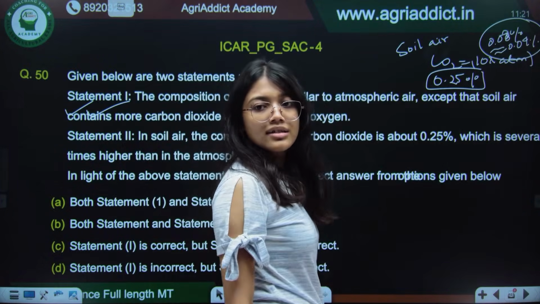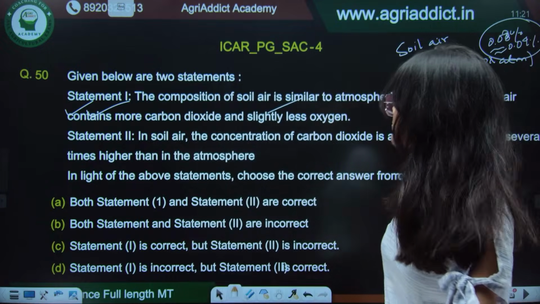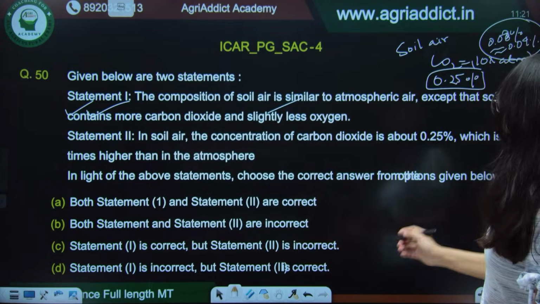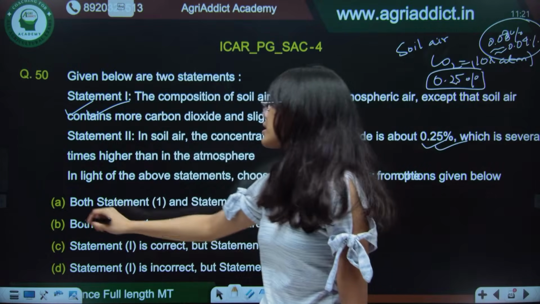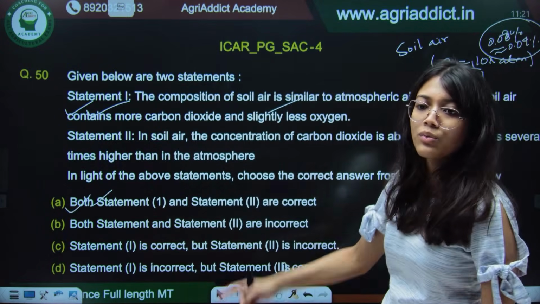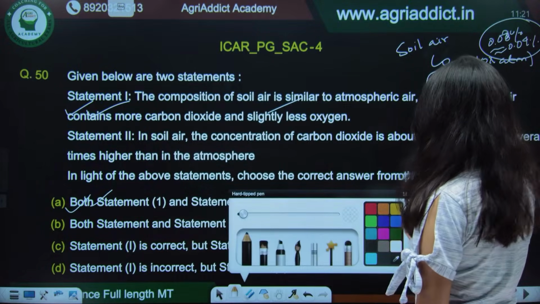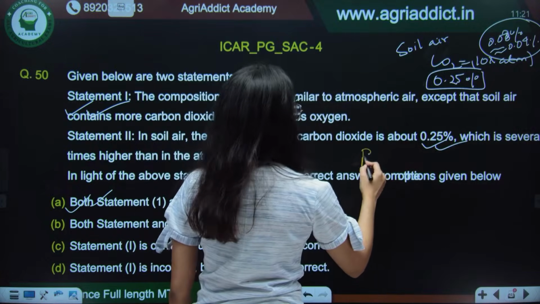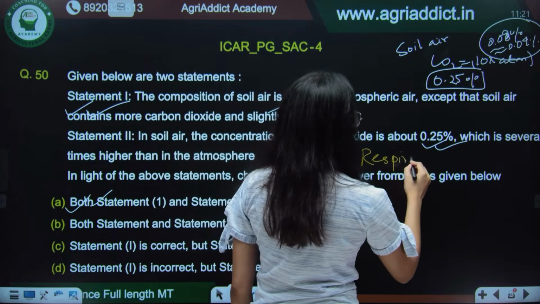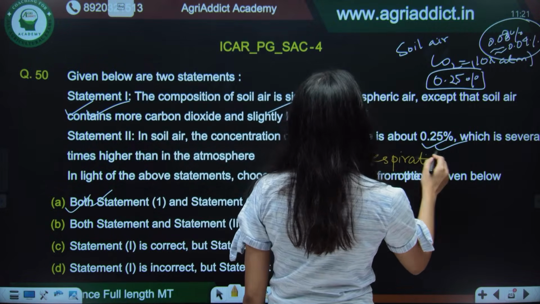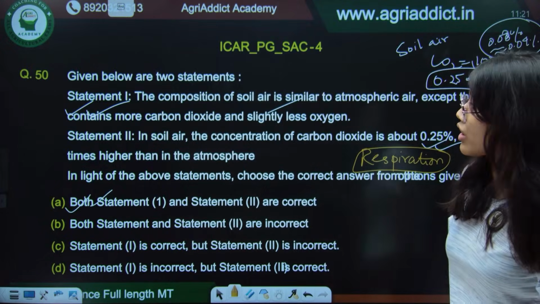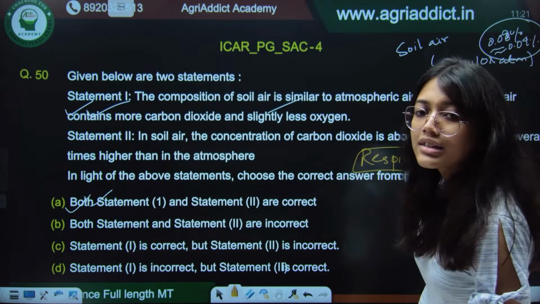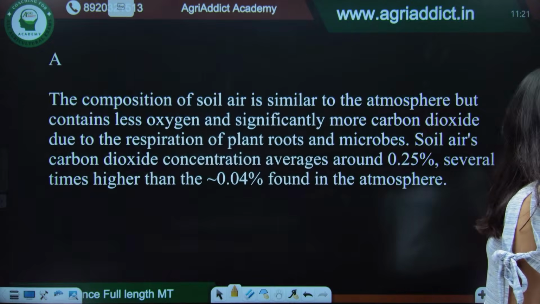But whatever, it is approximately 10 times, several times higher in soil air. So this is a correct statement again. Both 1 and 2 are correct. And why is this? Because of respiration and different biological activities going on in our soil, it will have a higher content of carbon dioxide. So yes, both the statements are correct.